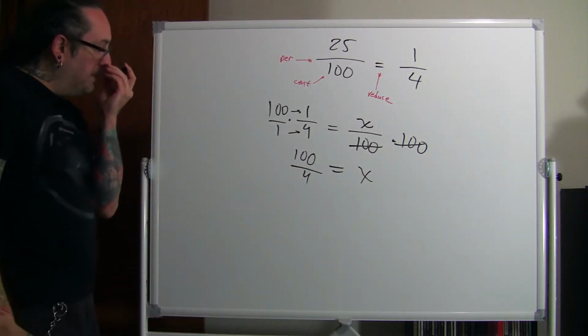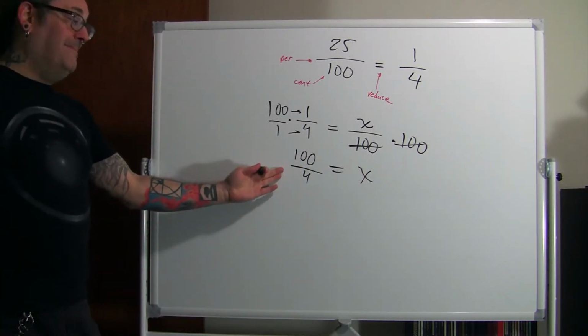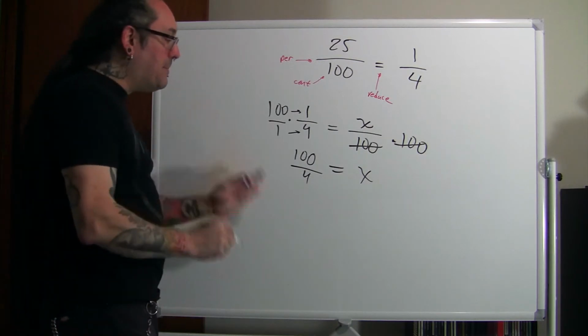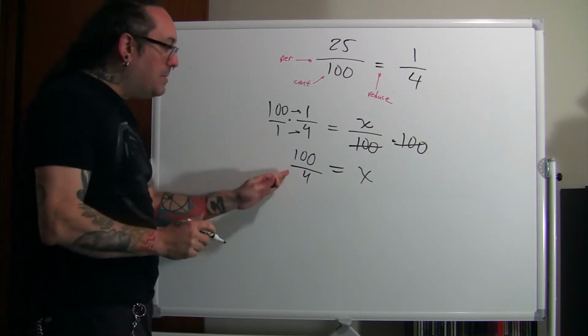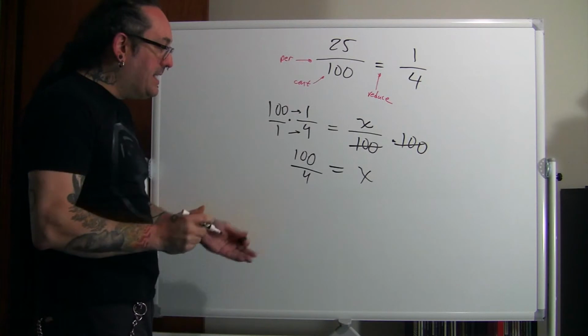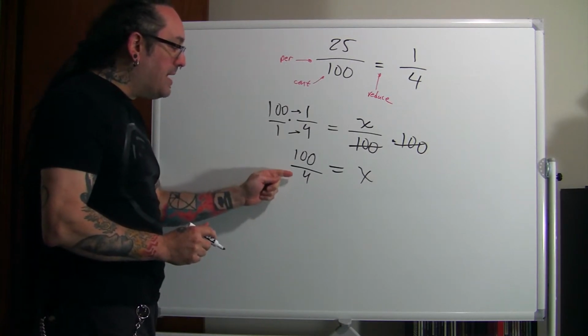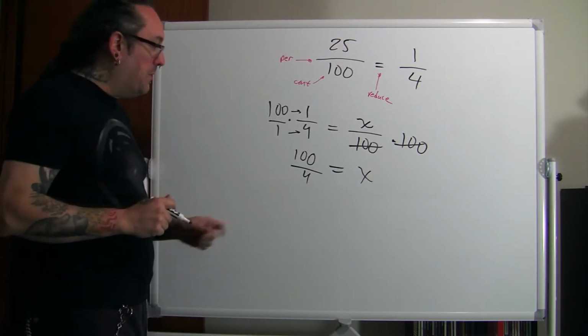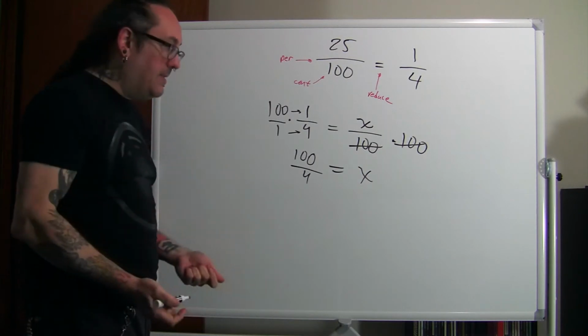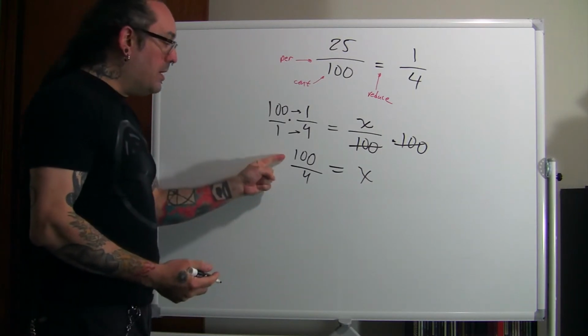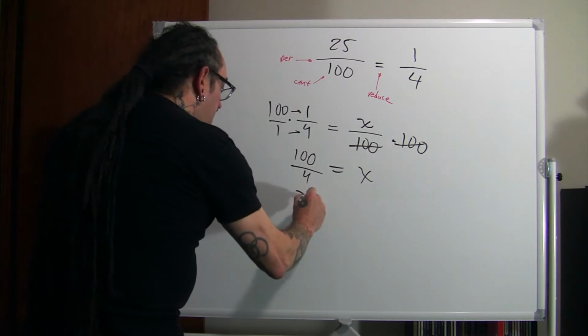Awesome. Again, this is a fraction, and a fraction is nothing more than a division. It's a way to express dividing two numbers. This is 100 divided by 4. If you don't know that off the top of your head, type it in the calculator and see what happens. 100 divided by 4 is 25.